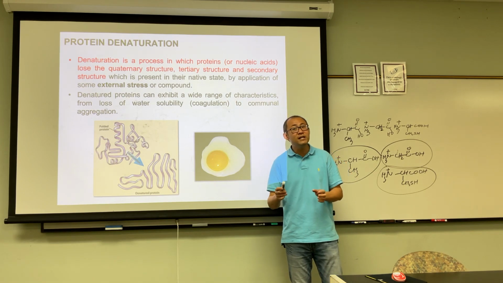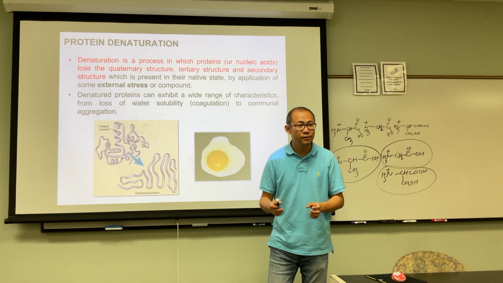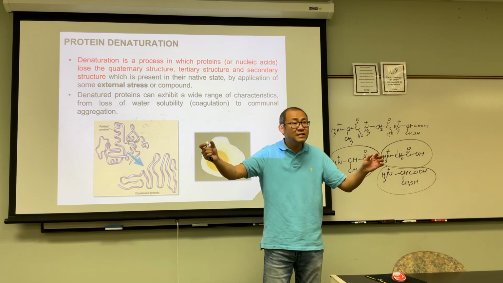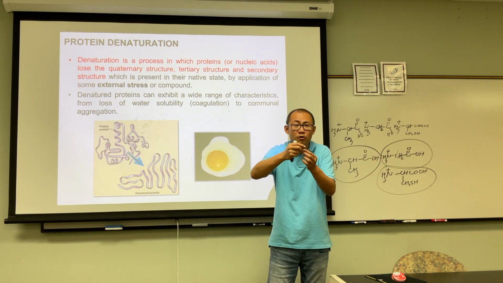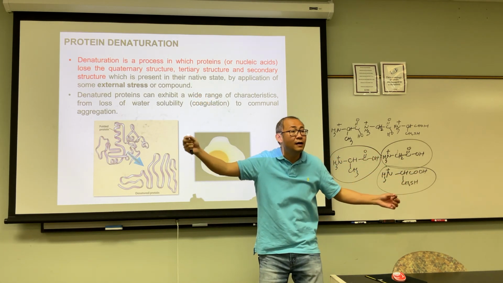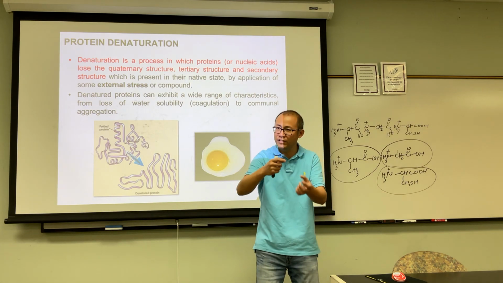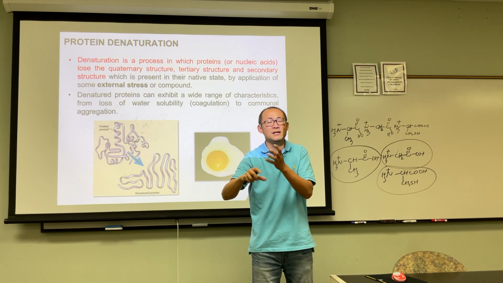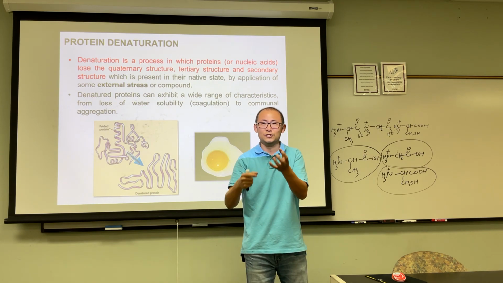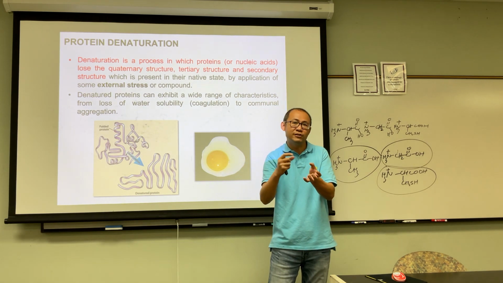Now, what is the primary structure? The sequence, right? So that means after denature, the protein is still a chain. And that chain is going to tangle with each other because you no longer have nature-made beautiful secondary and tertiary structure.